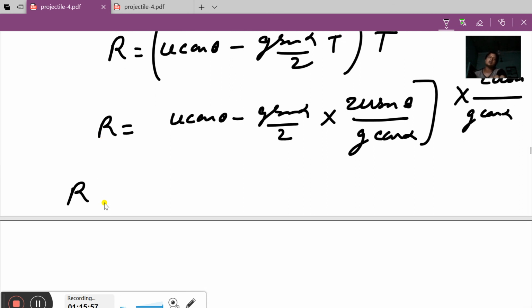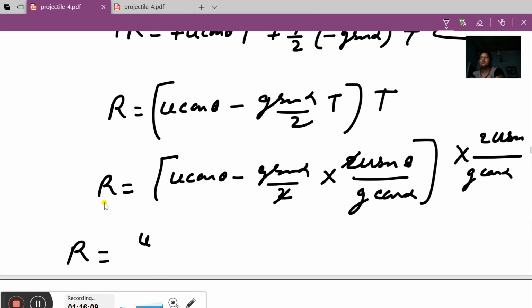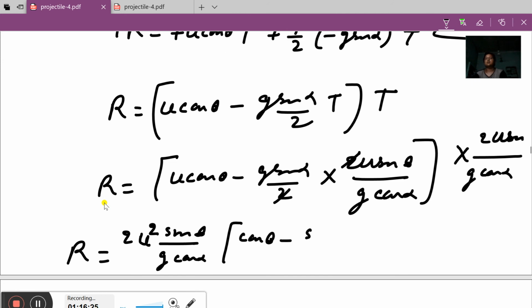So range comes out to be, u common from both sides, 2u square sin theta over g cos alpha, cos theta minus sin alpha sin theta over cos alpha.